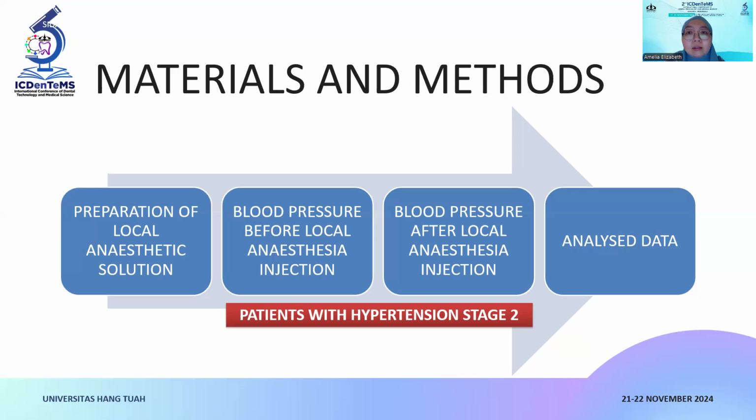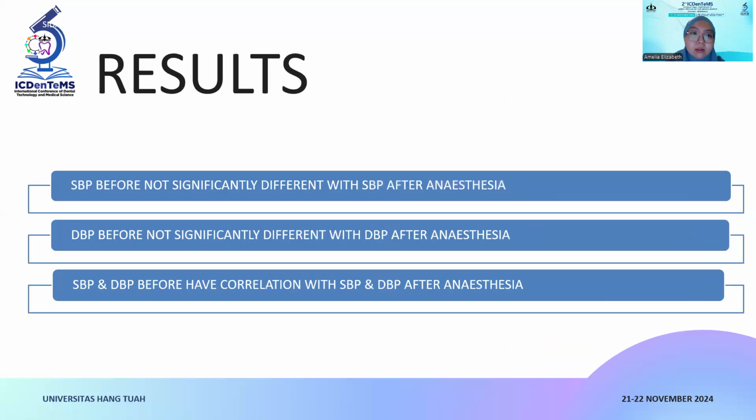Also, we analyzed the data so we could find this result. First, systolic blood pressure before and after injecting local anesthesia, lidocaine and adrenaline at 1:200,000 concentration, was not significantly different. Also, diastolic blood pressure.